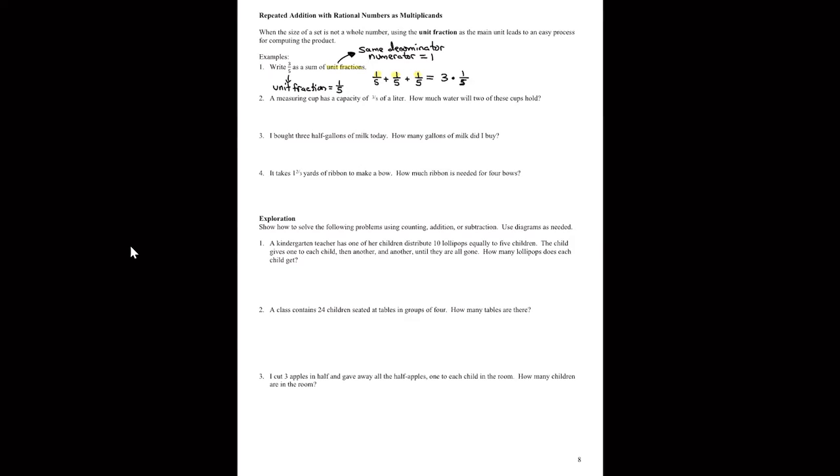But I also kind of look at it this way, where I'd say, all right, I need to measure out 3/4 of a cup of water. Instead of measuring 3/4, what I can do instead is just measure 1/4 of a cup 3 times.